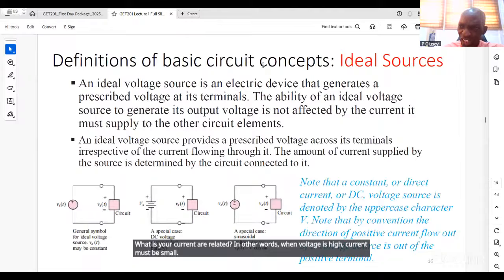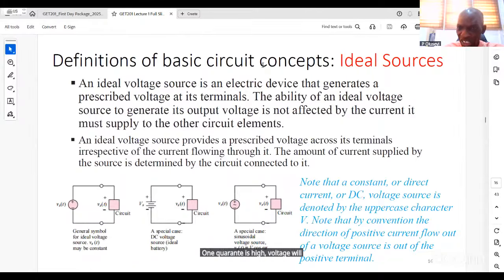When current is high, voltage must be small. That is the relationship of these two parameters. But here, the output of your voltage is not affected by the current status of that particular circuit. So in that case, you have those three diagrams there.